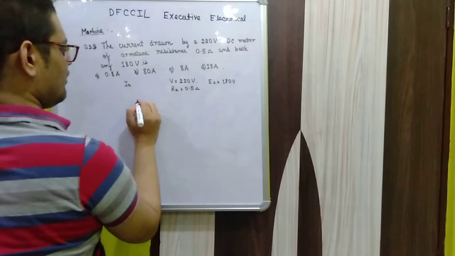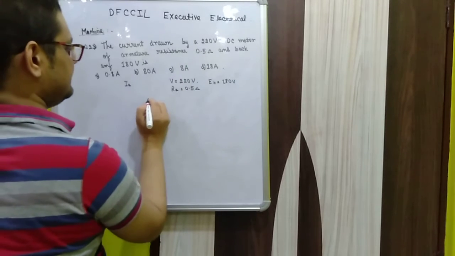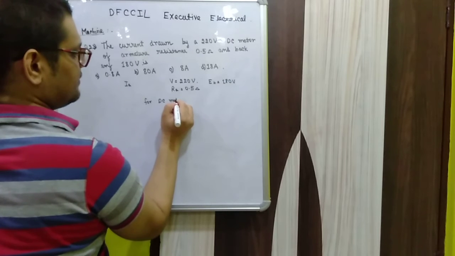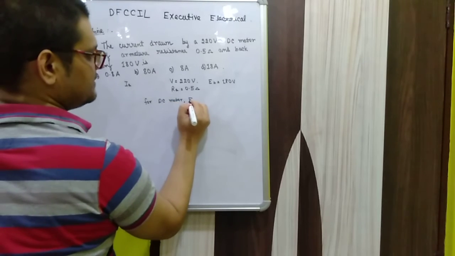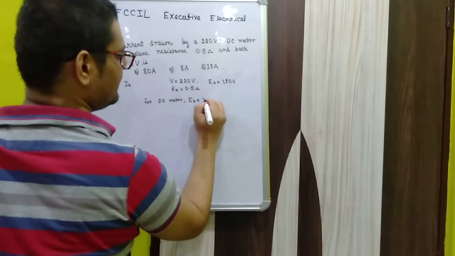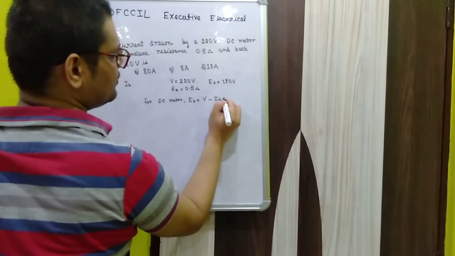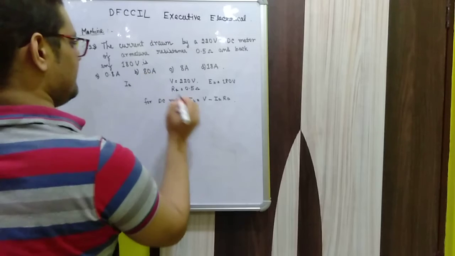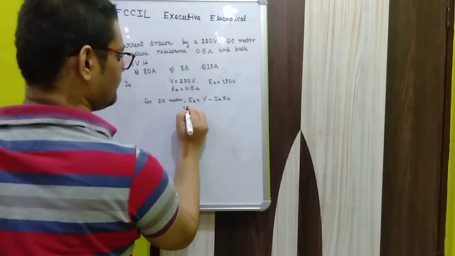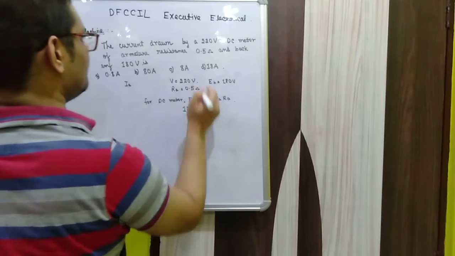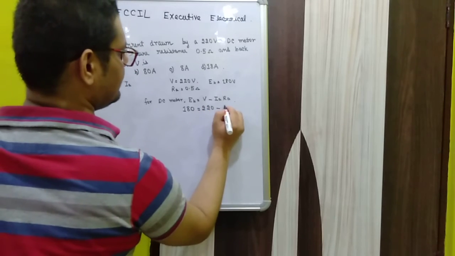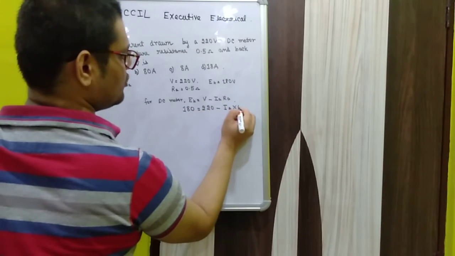For the DC motor, we know the formula: back EMF Eb is equal to V minus Ia into Ra. So we put the value of back EMF: 180 is equal to 220 minus Ia into 0.5.